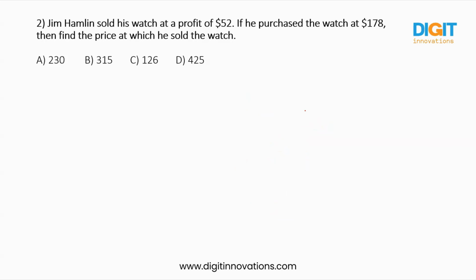Next one, Jim Hamlin sold his watch at a profit of rupees 52. If he purchased the watch at 178, then find the price at which he sold the watch. They are asking for the selling price. We know selling price is equal to cost price plus profit, right?